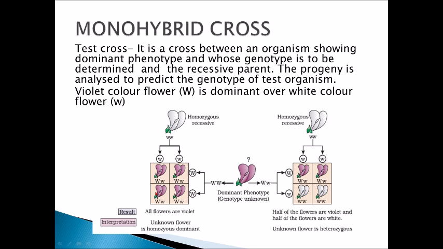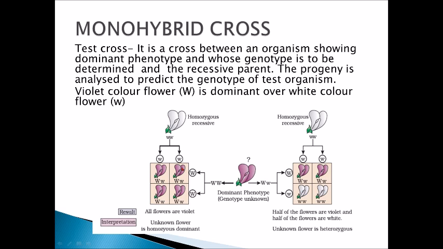So, when all the flowers in the F1 generation are violet, you can say that the unknown flower is homozygous dominant. This flower will be homozygous dominant when in the F1 progeny you get all 4 plants, or all the flowers, violet in color.